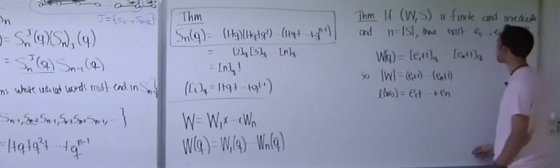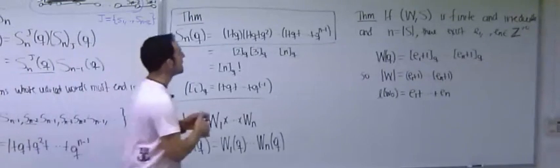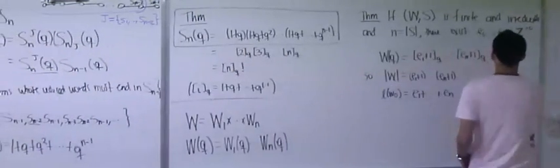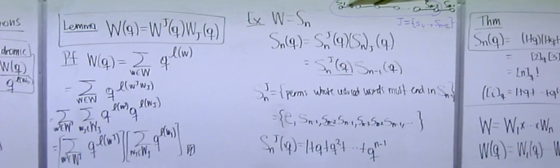I should tell you there's a name for these guys. This theorem tells you that these numbers are very important. They play a very important role for the Coxeter group. These are called the exponents of the Coxeter group.